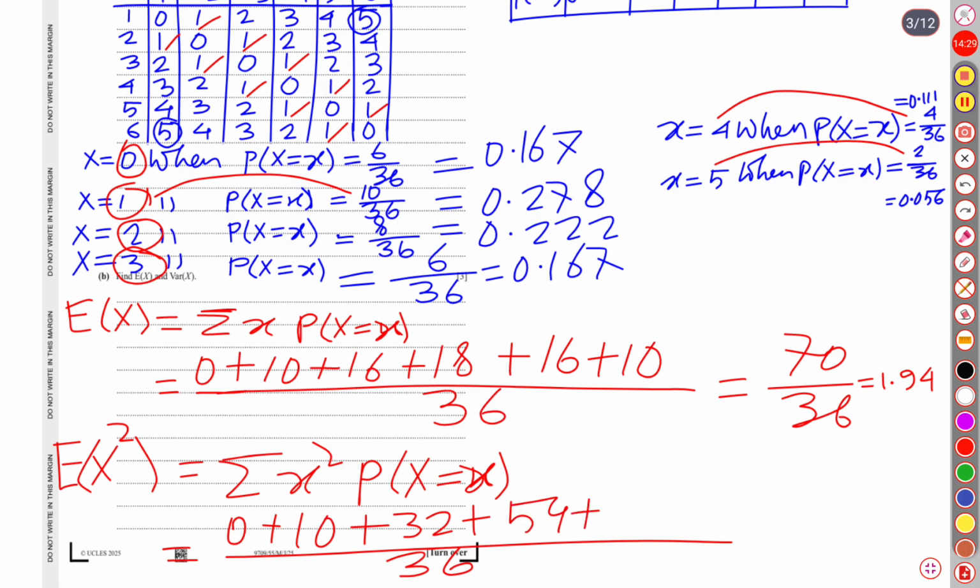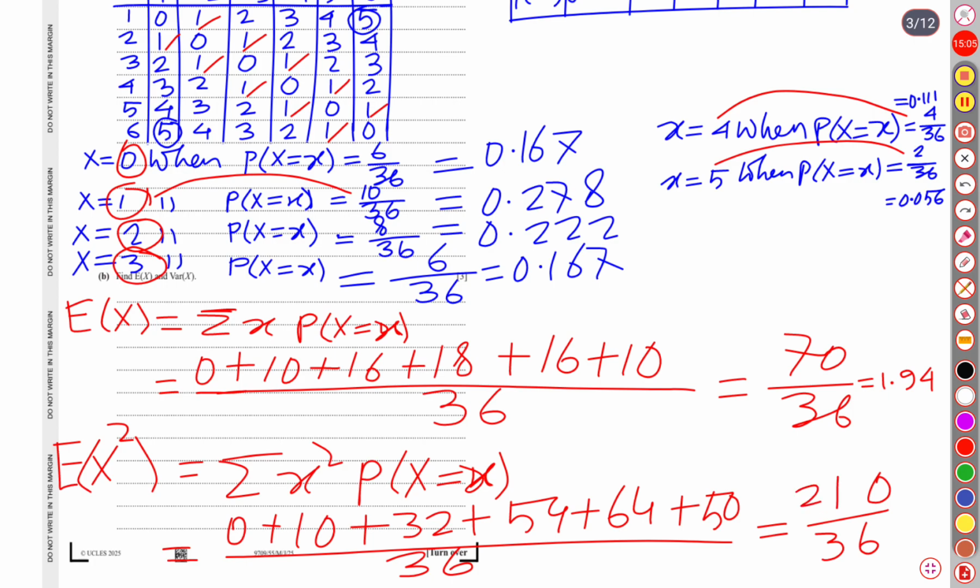After that, 4 squared means 16, 16 fours are 64. Plus the next one, 5 squared means 25, 25 twos are 50. Hence our E(X squared) is going to be 36 in the denominator, and if we add all of this up, we get 210.